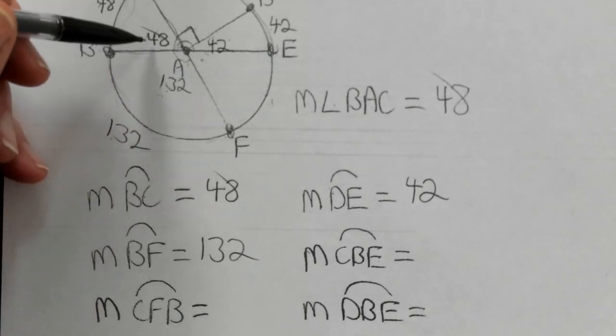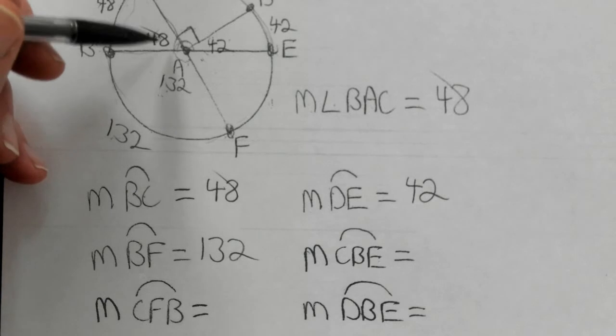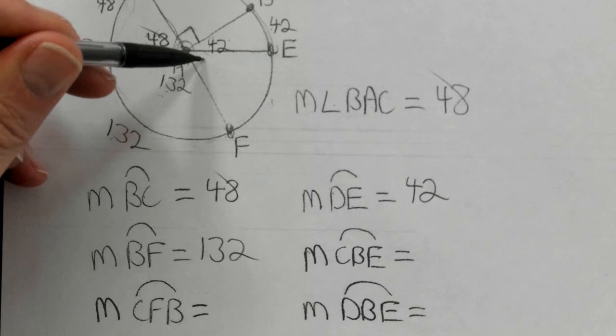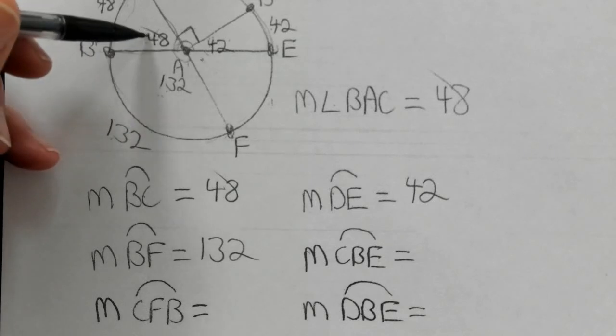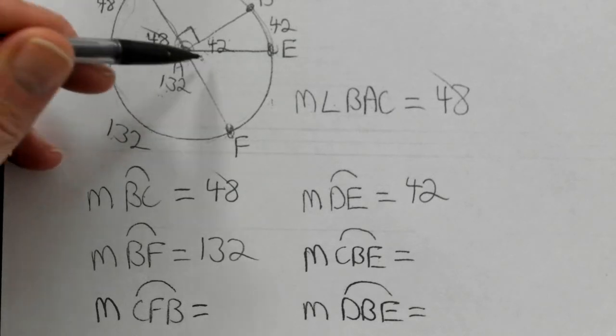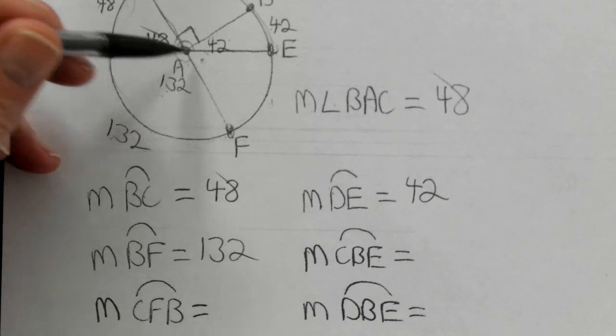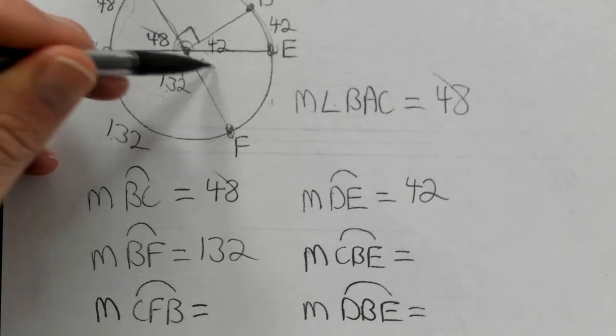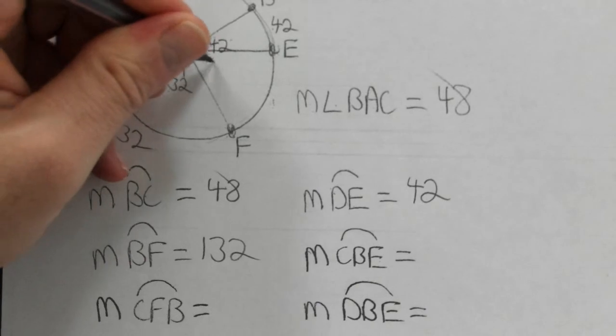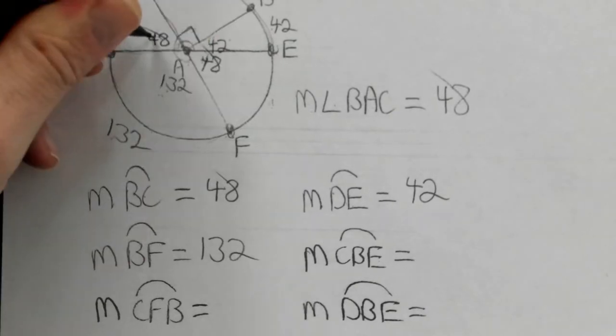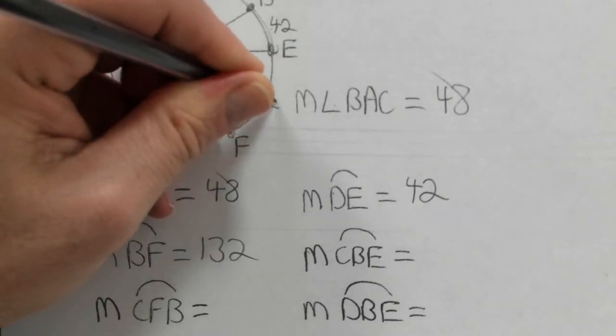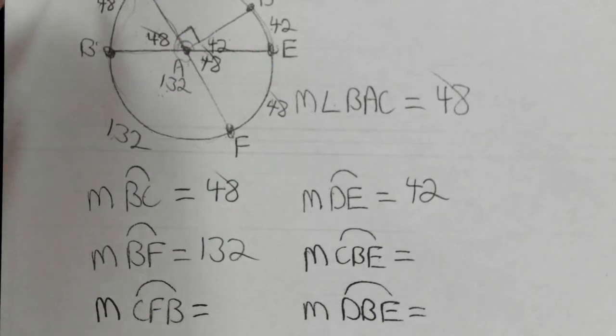Well, remember, one thing that we learned way back in the first semester many, many months ago is to take a look at this angle and this angle. They're vertical angles. We haven't heard that term in a very long time. Vertical angles are congruent. So if this one's 48 degrees, this one's 48 degrees, which means this arc is 48 degrees.